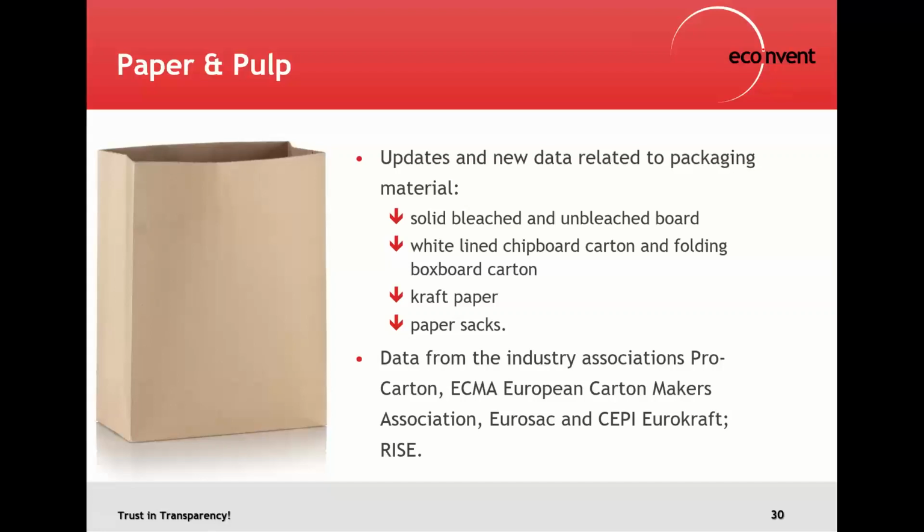As you can see in the slide, there have been updates concerning solid bleached and unbleached board, white lined chipboard carton and folding box board carton, kraft paper, and we have added a new product, which is paper sack. Paper sack represents a hybrid mix of all types of multi-wall paper sacks produced in Europe.